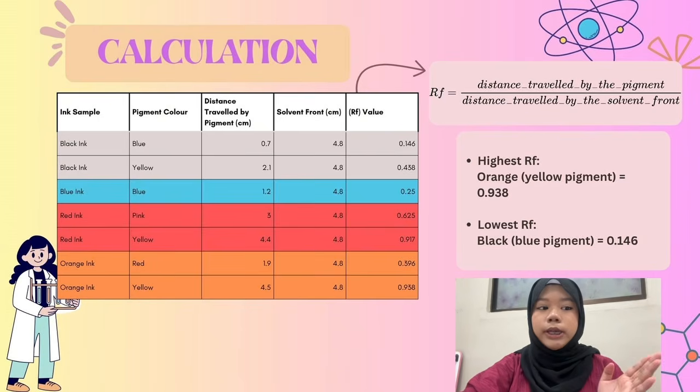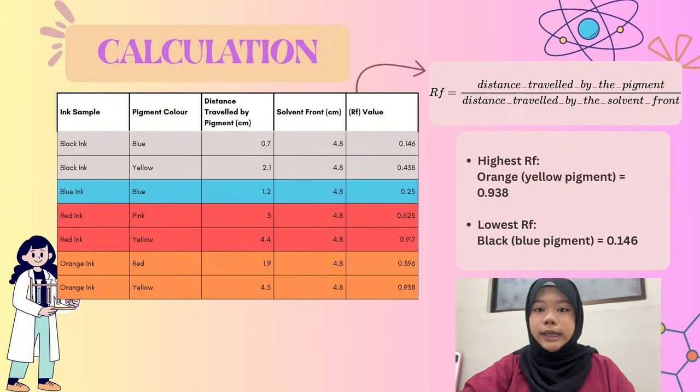The blue ink was calculated to be 0.250. The pink pigment from the red ink was 0.625, and the yellow pigment from the red ink is 0.917. The red pigment from the orange ink is 0.396, and the yellow pigment from the orange ink, we have calculated it to be 0.938.